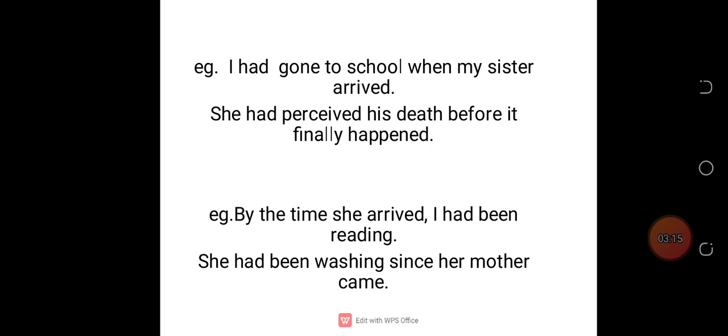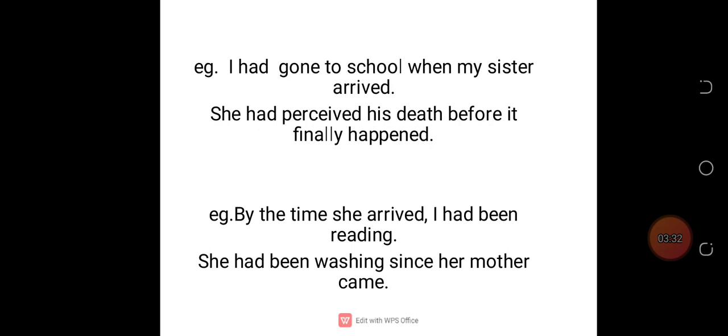Very good. Then for the last two sentences, by the time she arrived, I had been reading, and she had been washing since her mother came.